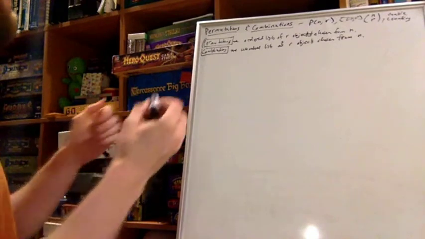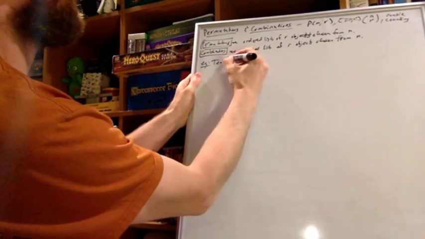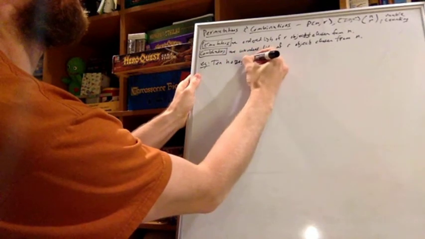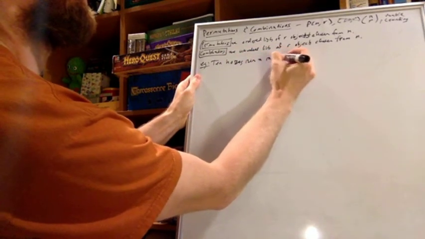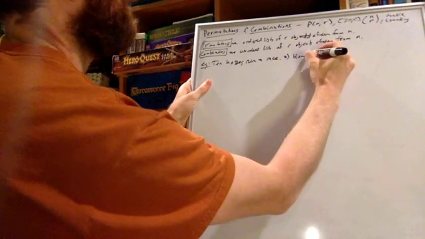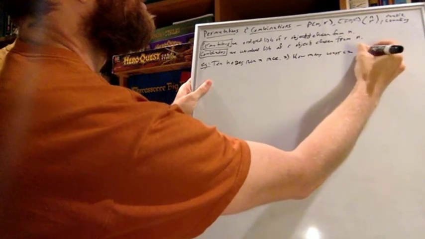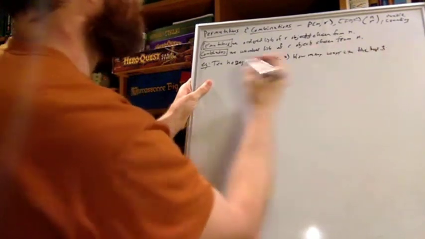So let's do two quick examples. 10 horses run a race. I've got two questions. A, how many ways can the top 3 medals be given out?